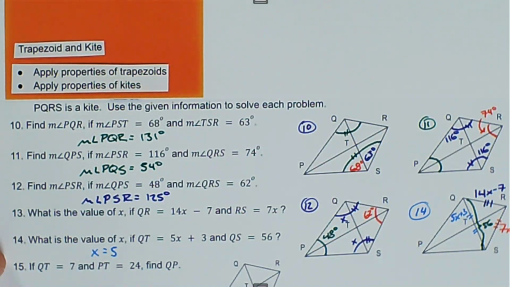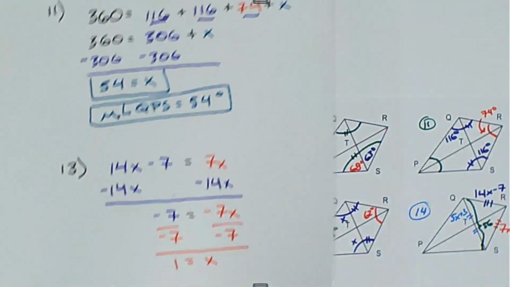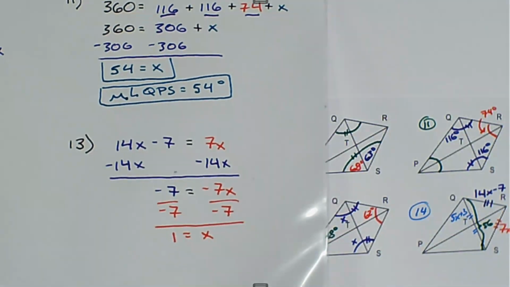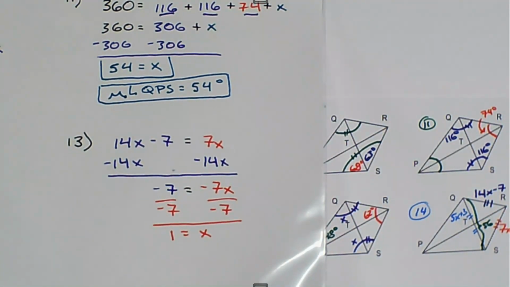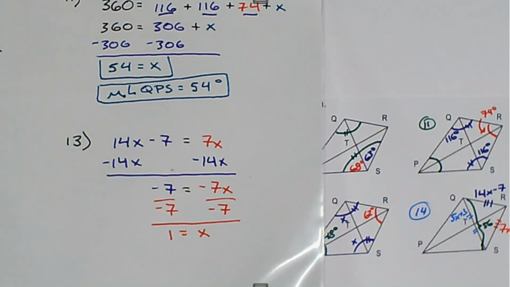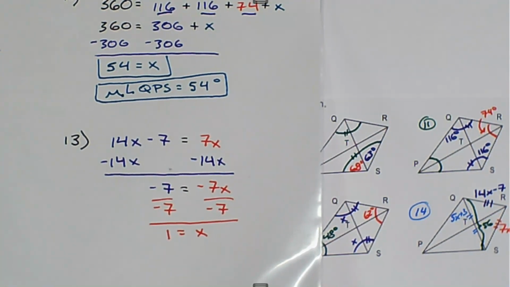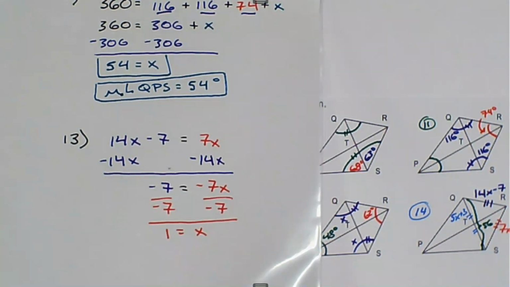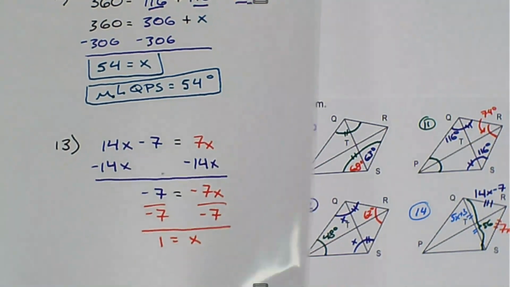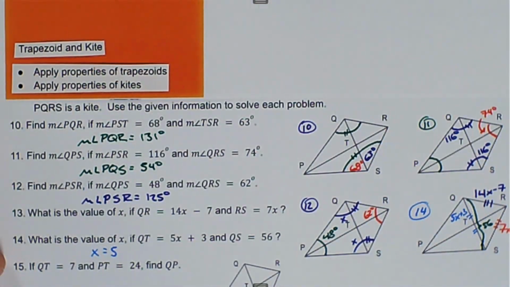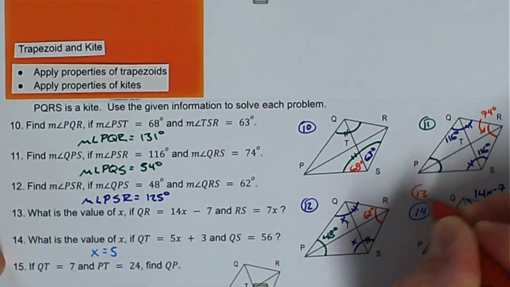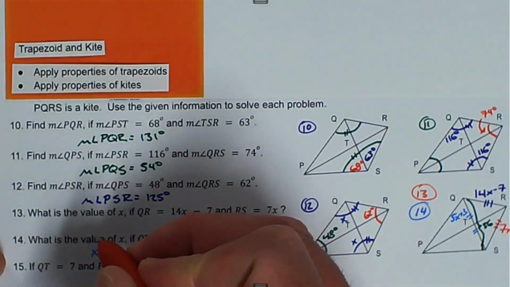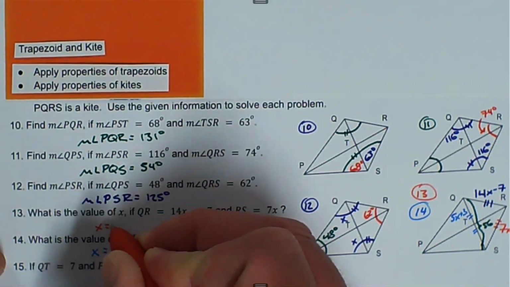With number 13, because they're both congruent, we can simply set them equal to each other. 14x minus 7 is equal to 7x. We can subtract 14x from both sides, and we get negative 7 is equal to negative 7x. Divide by negative 7, and we get x is equal to 1 for number 13. So 13 was also with that picture right there.